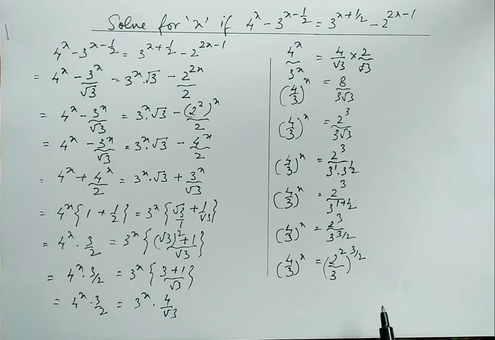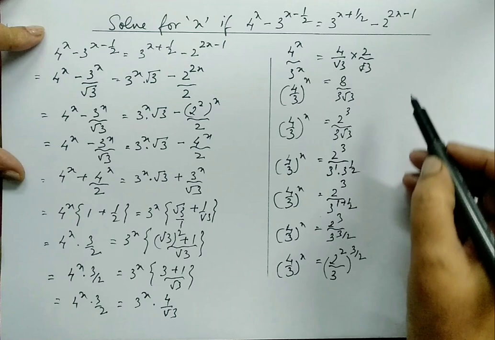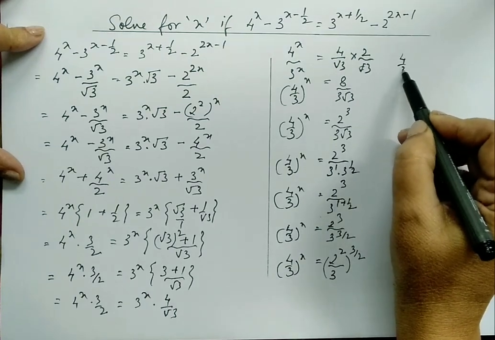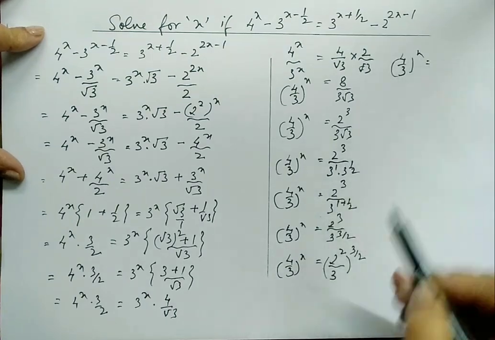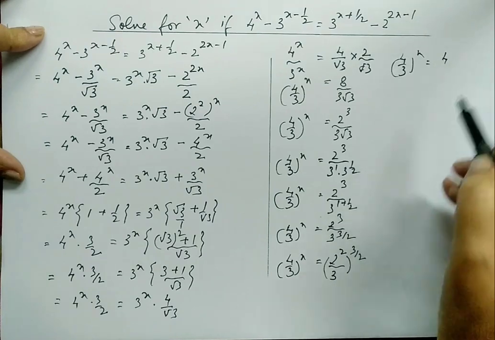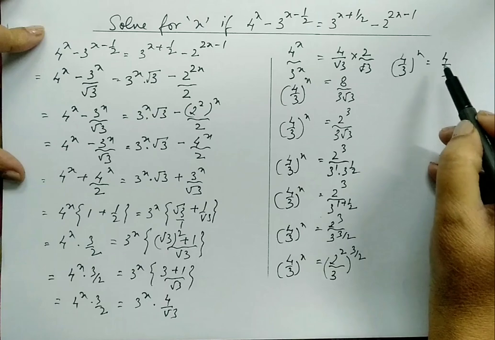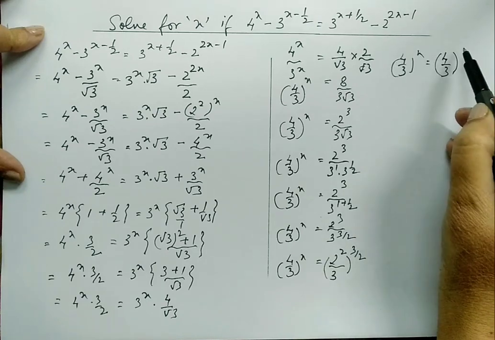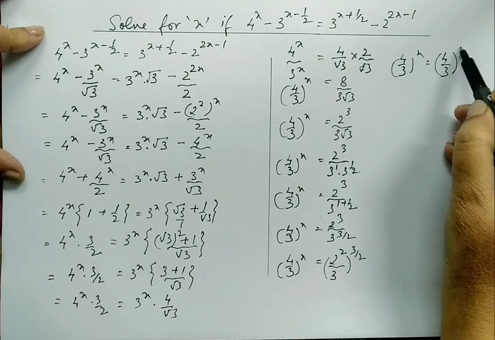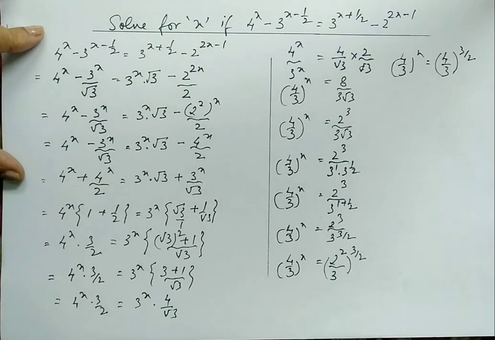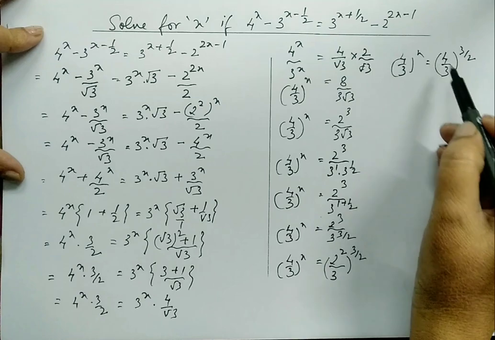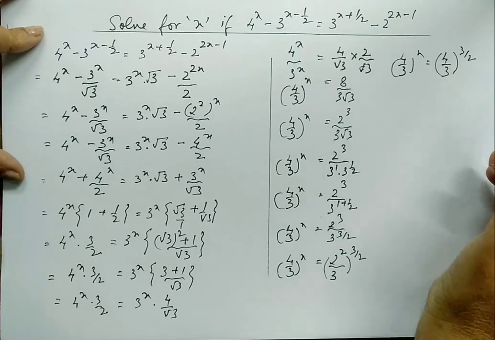But so doing, what is the advantage that we get? The advantage is that we have got this equals to 4 upon 3 and we have a 3 by 2 outside. So 4 by 3 and 4 by 3 are same.